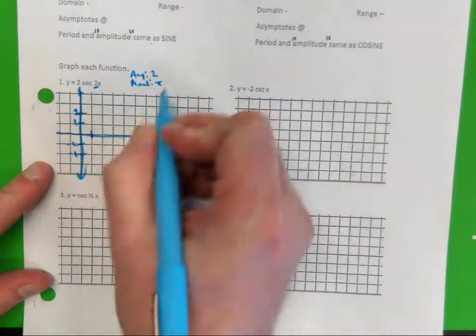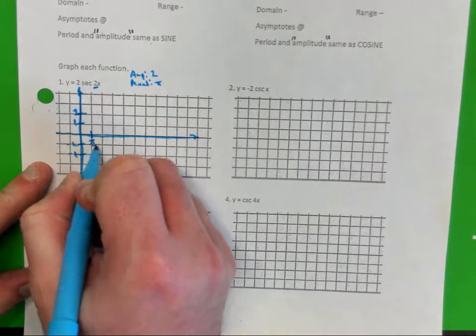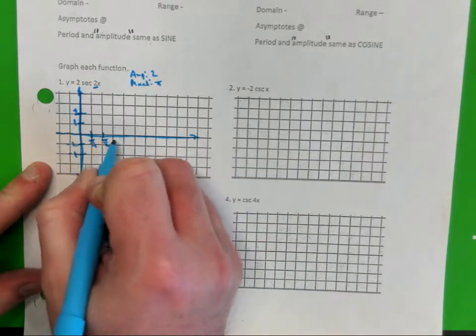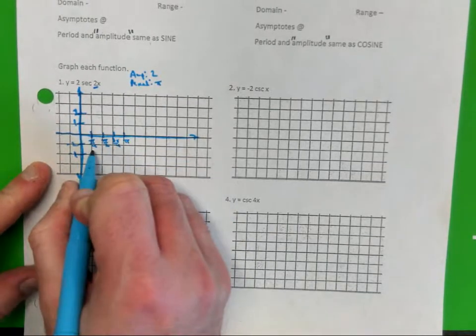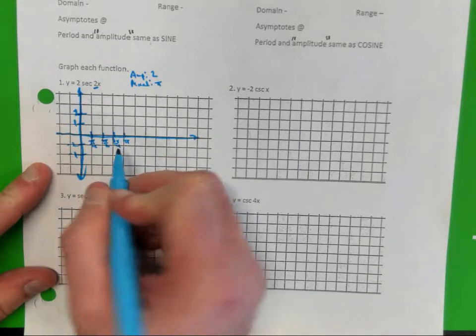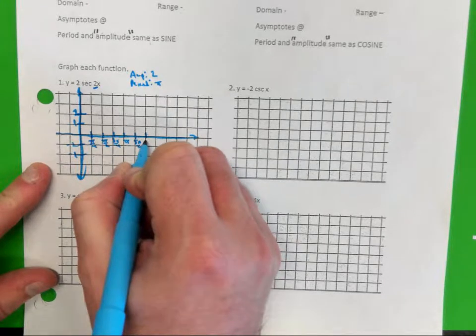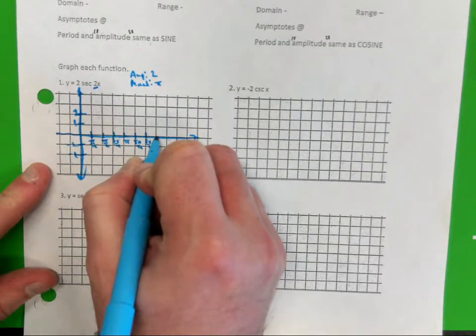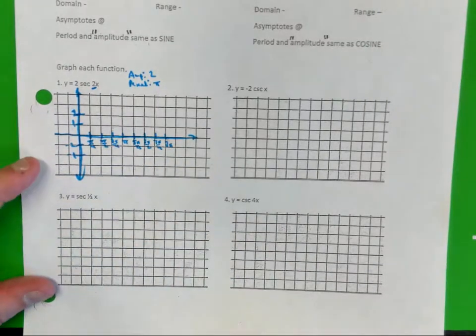So I took my period pi and divided by 4, which is pi over 4. So 1 pi over 4, 2 pi over 4 reduces to pi over 2, 3 pi over 4, 4 pi over 4, 5 pi over 4, 6 pi over 4 reduces to 3 pi over 2, 7 pi over 4, 8 pi over 4 is 2 pi.